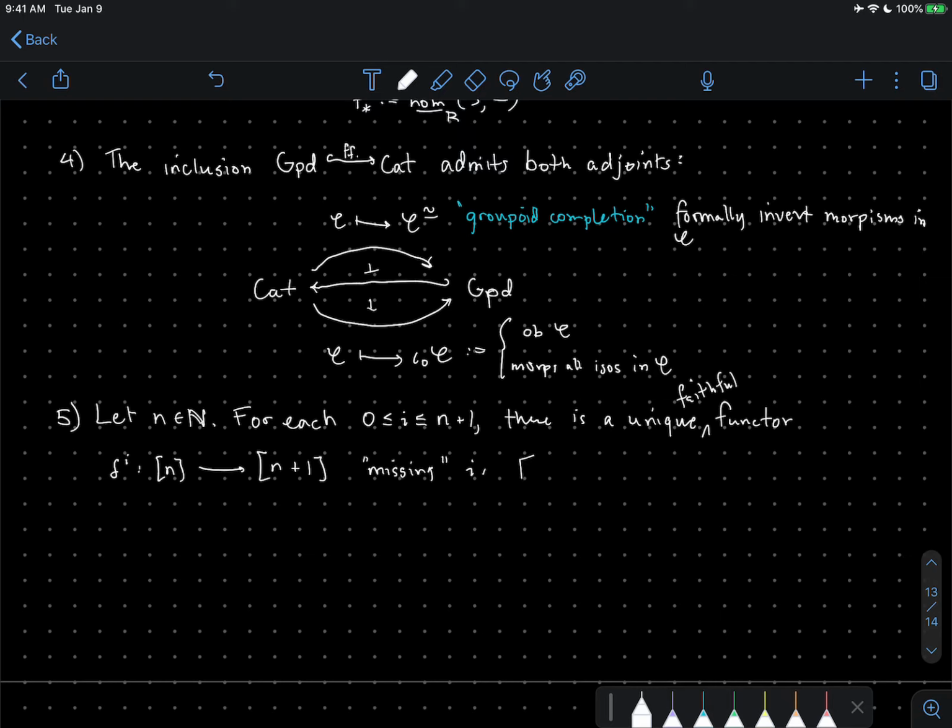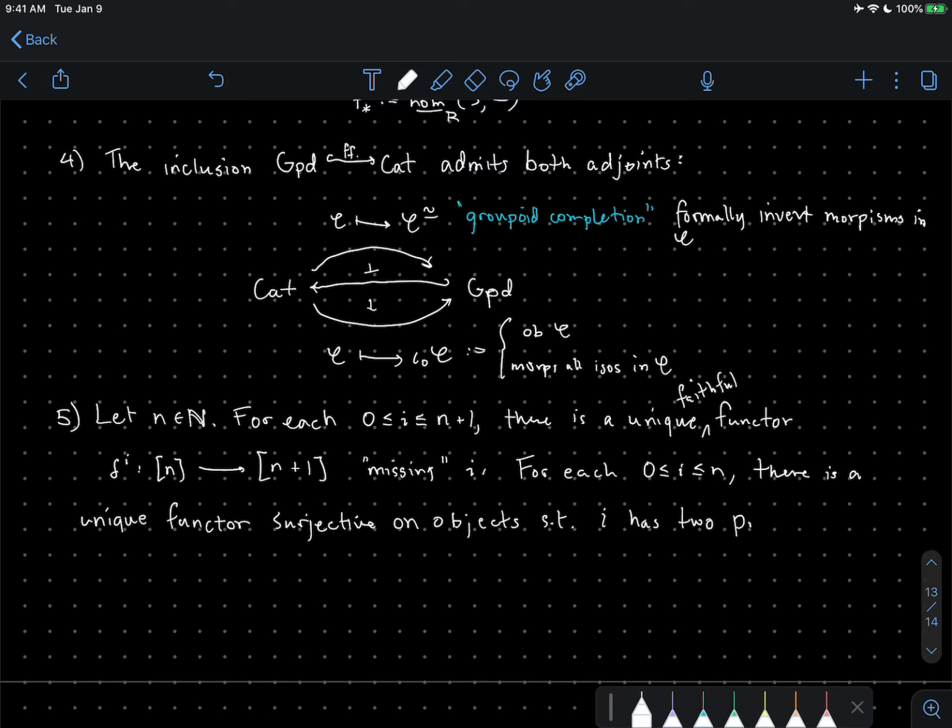Then for each i between 0 and n, there's a unique functor surjective on objects such that i has two preimages.